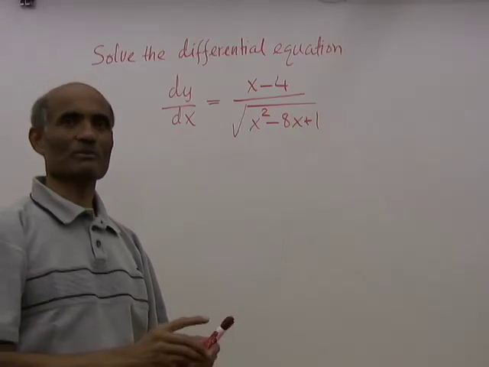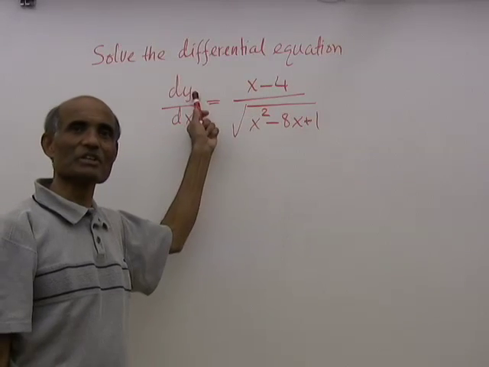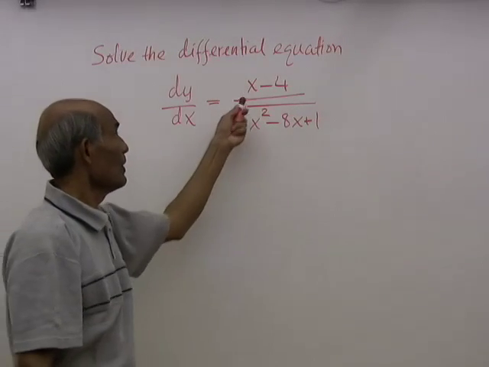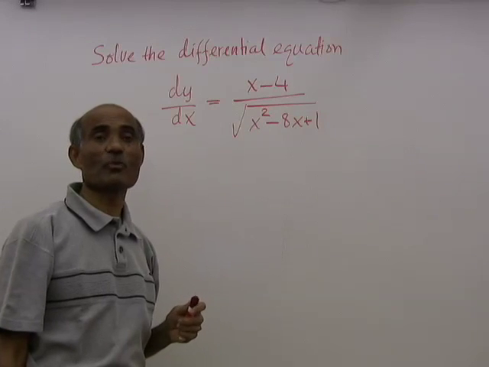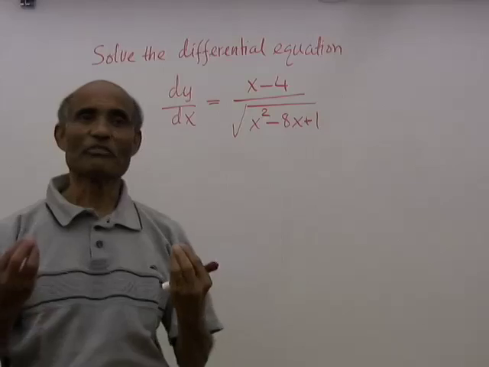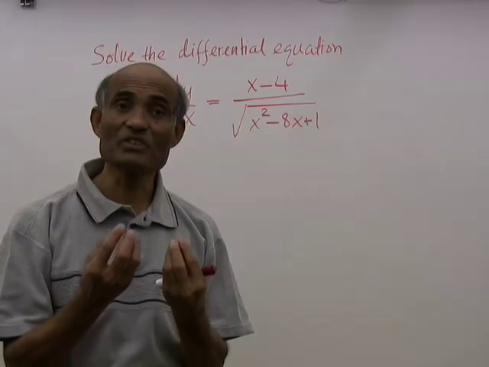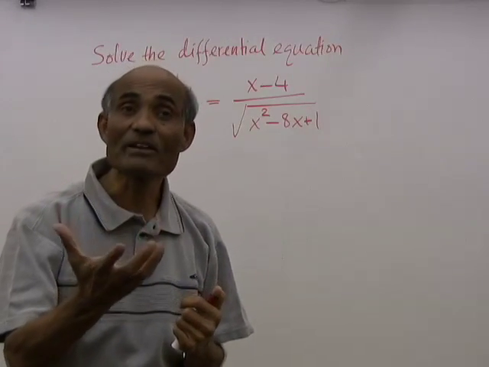All right, look at this problem. Solve the differential equation dy by dx equal to (x minus 4) over square root of (x squared minus 8x plus 1). What is a differential equation? A differential equation is an equation that contains the derivative of a dependent variable.